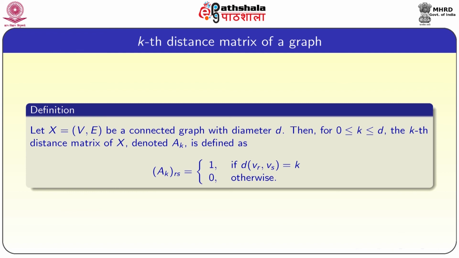So, now we are going to define d plus 1 matrices like this. The first matrix is A_0, that is the identity matrix itself. A_1 is the adjacency matrix. From A_2 onwards we will get other matrices. All are 0-1 matrices, and we can also see nice properties of these matrices.